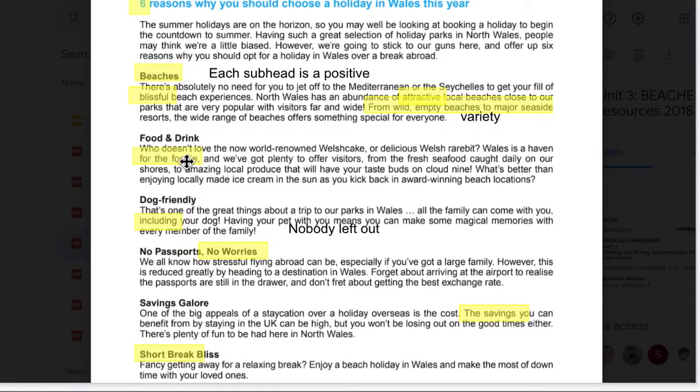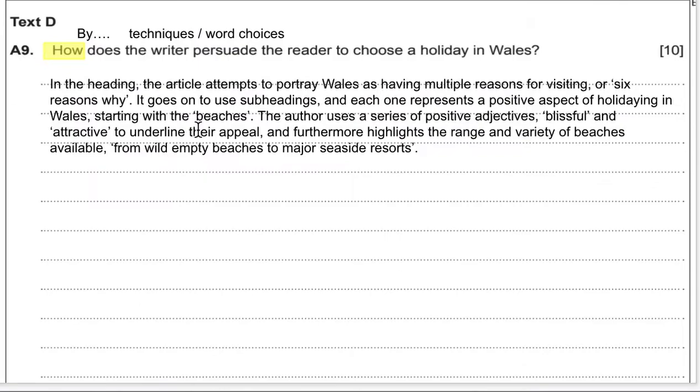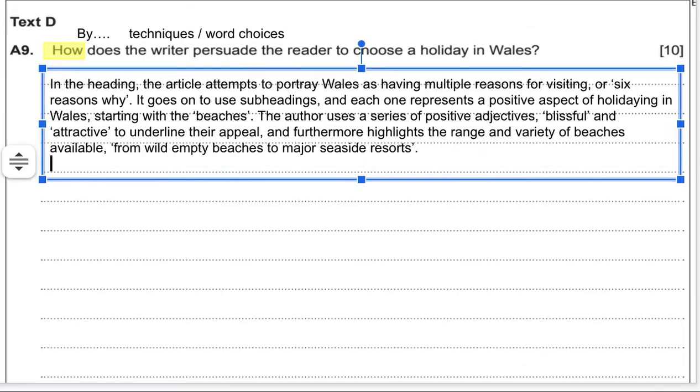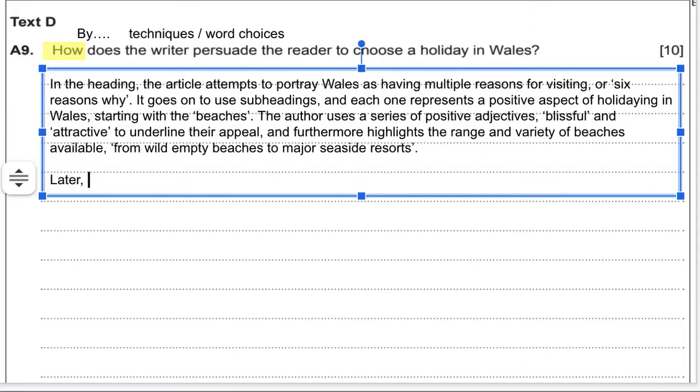Yeah, so we were talking about appealing to a particular readership. So later appeals to a particular readership.